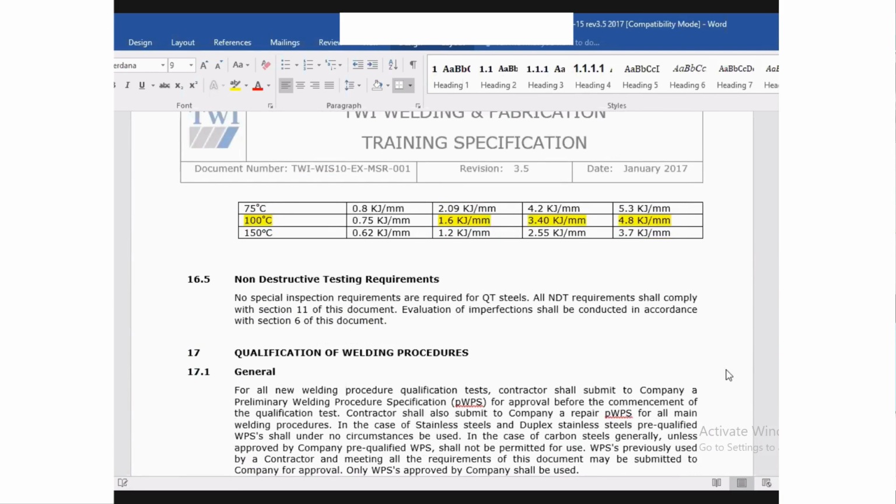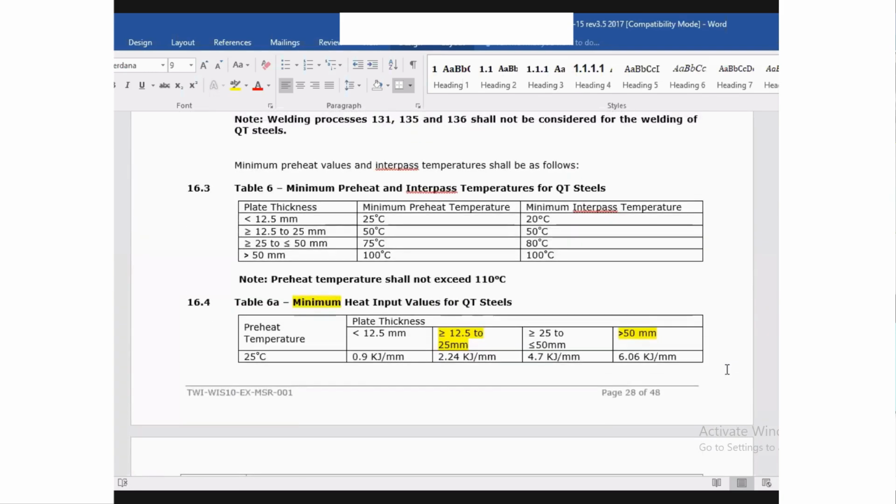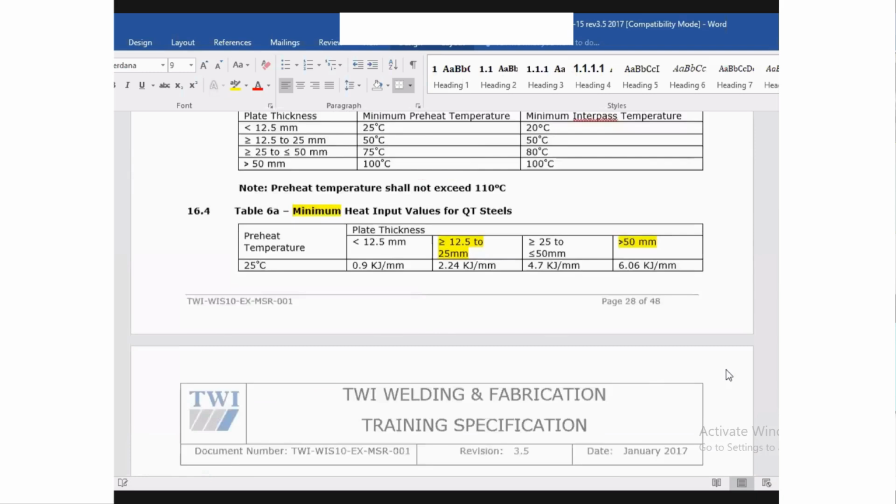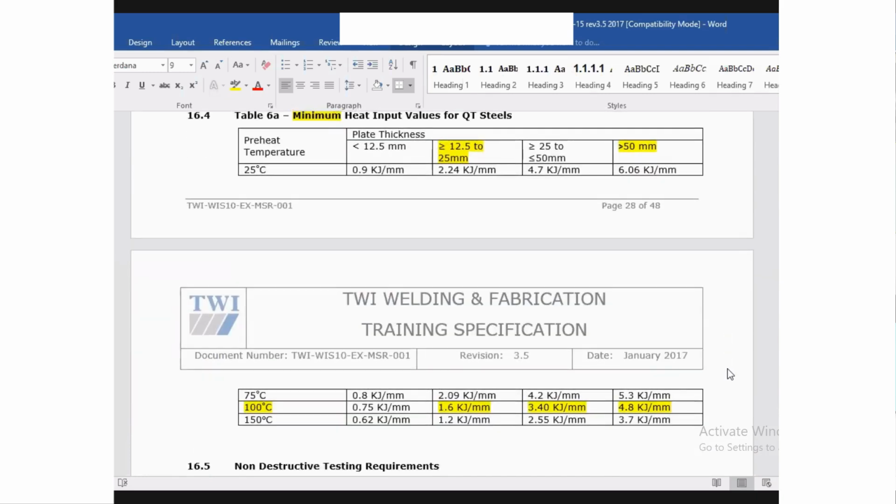First, we start with page 29, table 6A. We can see here, from the preheat, that it's got different minimum heat input values. All right. This table gives us the idea of the value of the heat input. It means there is a restriction.